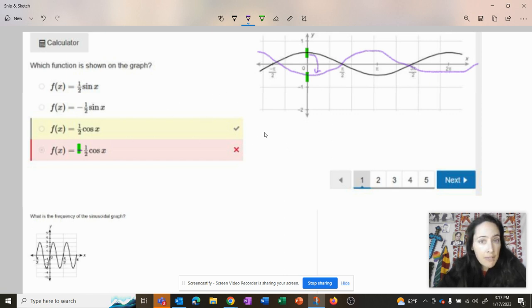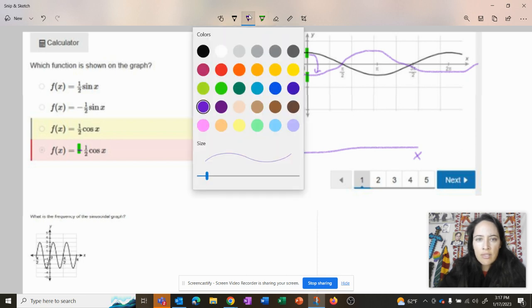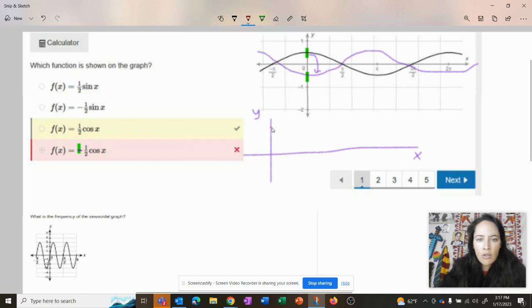Some of the key features, we talked about this last week. If we have the y-axis and the x-axis, cosine, and we'll use red, will start up here. It'll go down and then back up and repeat itself, right?